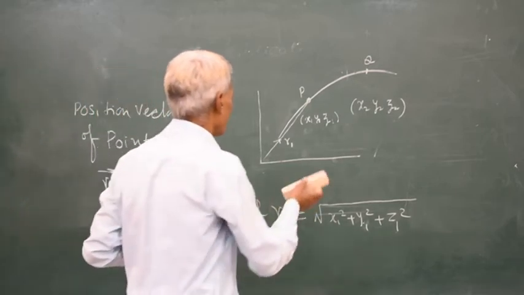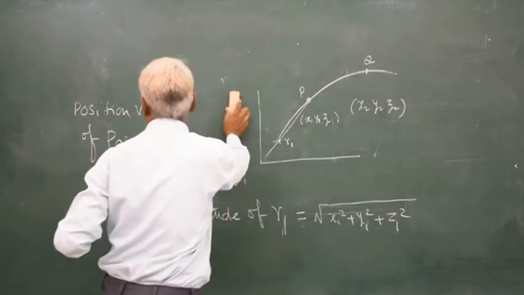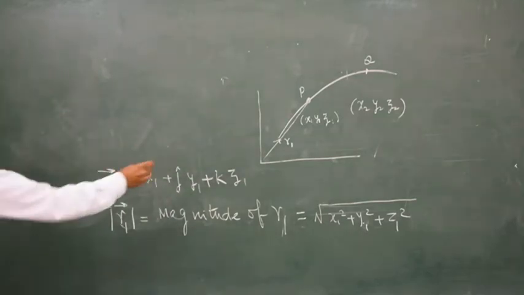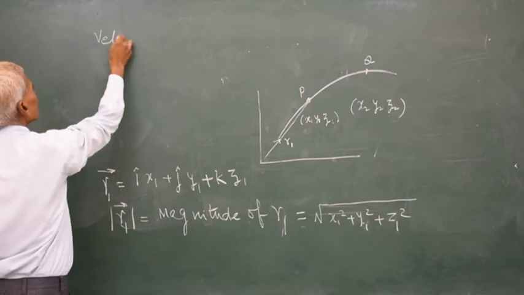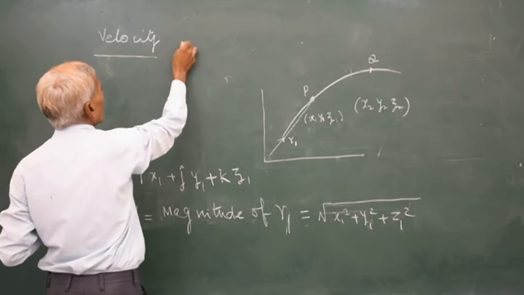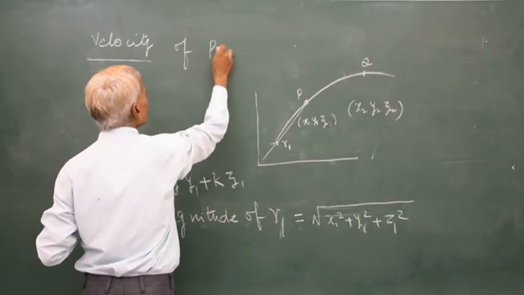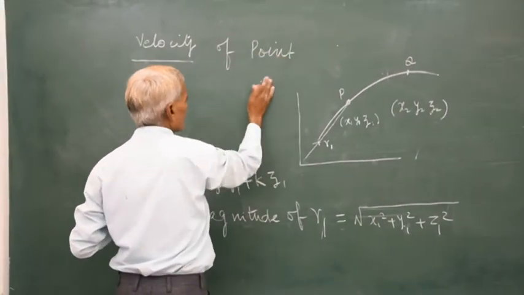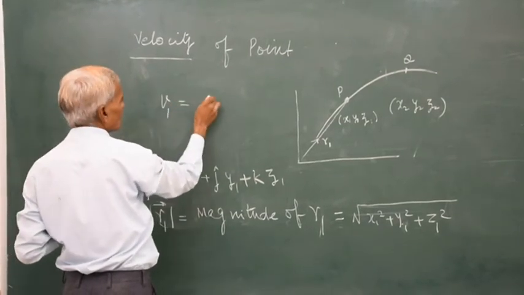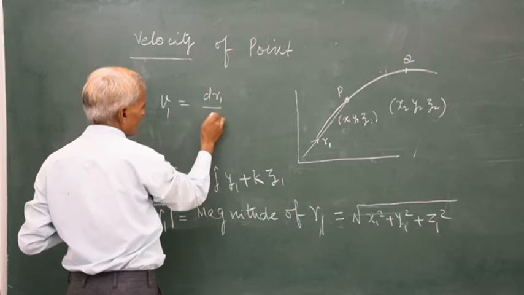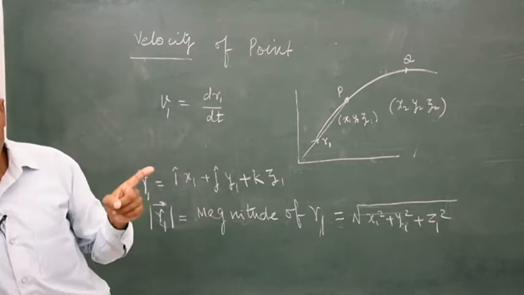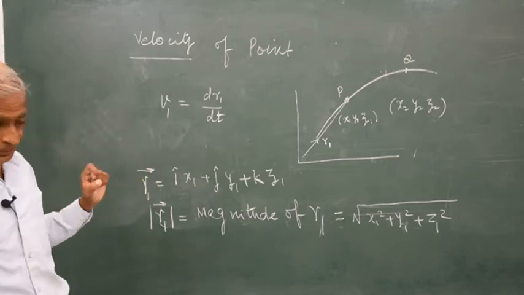Now, velocity of point P is given by V, you can say V1 is equal to dR1 upon dt, that is variation of R1 with respect to time.